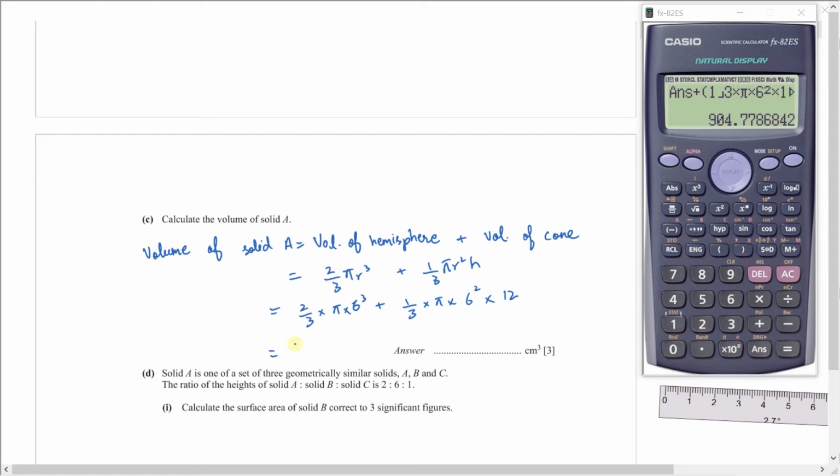So this is 904.778, which in three significant figures will be 905 centimeters cubed. So this is the volume of solid A.